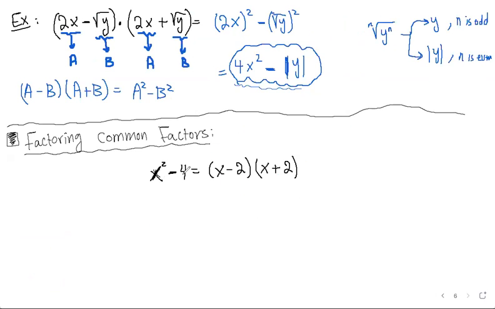So x squared minus 4 is equal to x minus 2 times x plus 2. From here to here is called factoring.